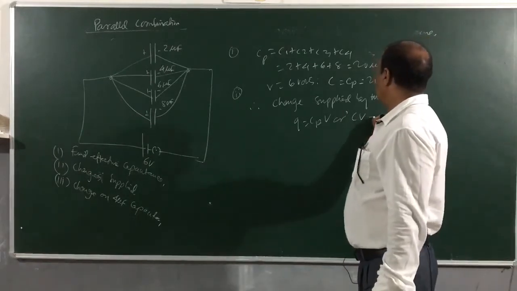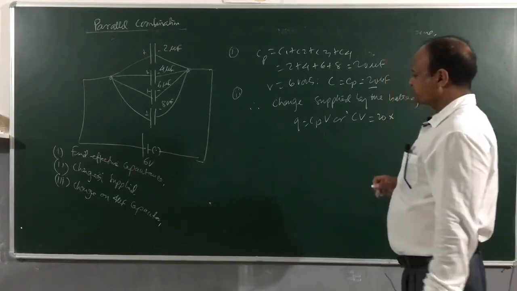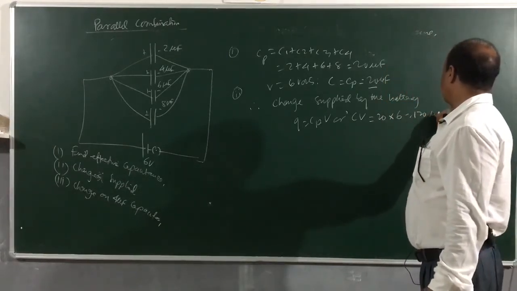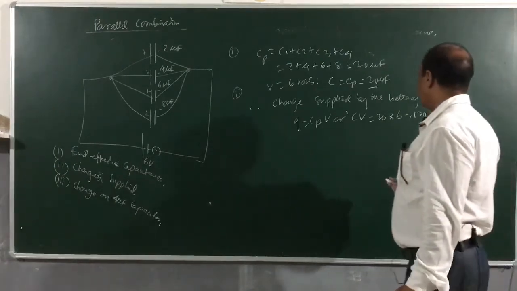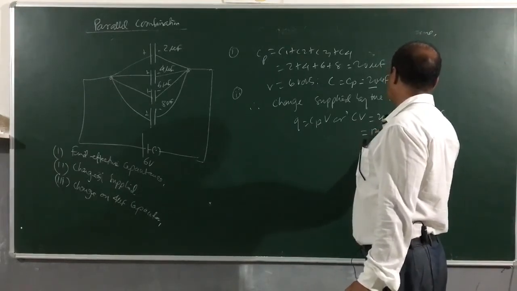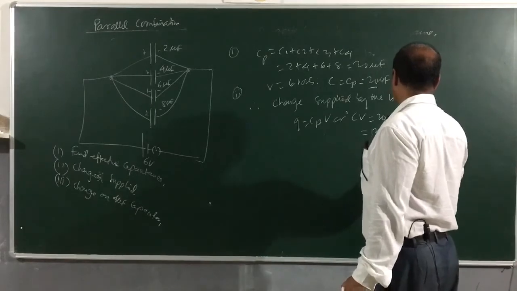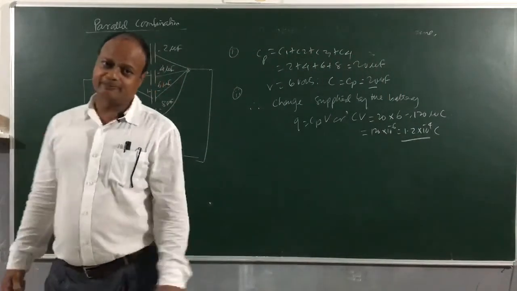So children, how much is Cp? 20 into 6, 120 microcoulomb, but we will convert into coulomb, and you know, for converting to coulomb what we will do? 120 into 10 power minus 6, so 1.2 into 10 power minus 4 coulomb.